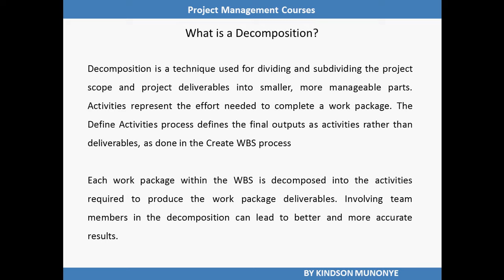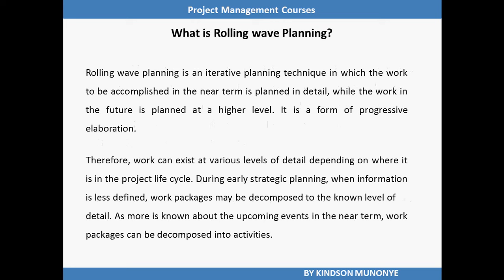Another tool and technique used in defined activities is rolling wave planning. Rolling wave planning, according to the PMBOK Guide, is an iterative planning technique in which the work to be accomplished in the near term is planned in detail, while the work in the future is planned at a higher level. It is a form of progressive elaboration.